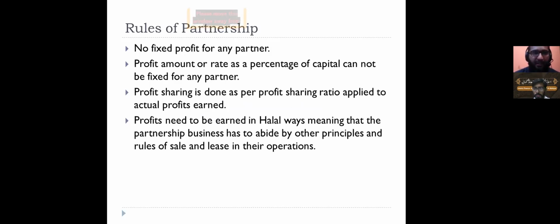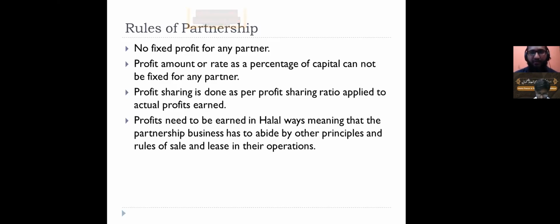Now, when we talk about rules of partnership in Islamic finance or Fiqhul Malia, it is important that profit for any partner is not fixed, because if it is fixed, then we are giving a guaranteed return on capital investment to a particular partner, and that would make it very much like riba. So that is not allowed. Profit cannot be fixed in terms of amount or as a percentage of capital.